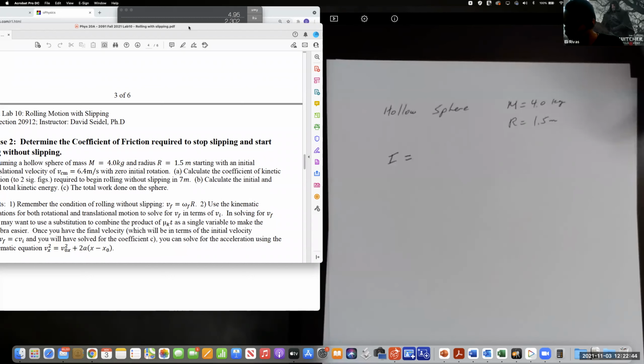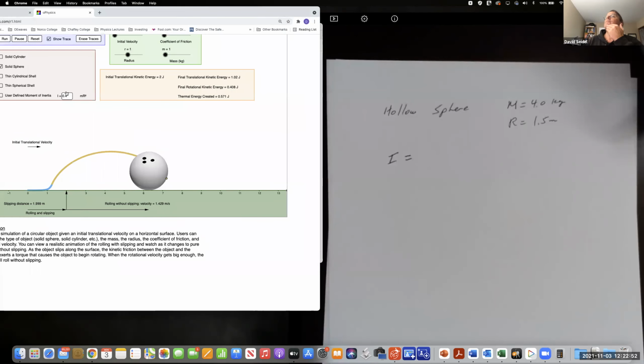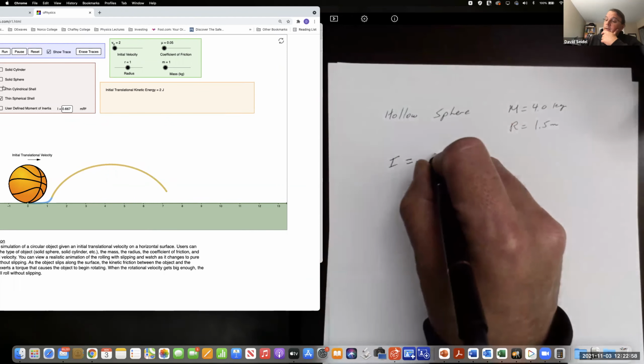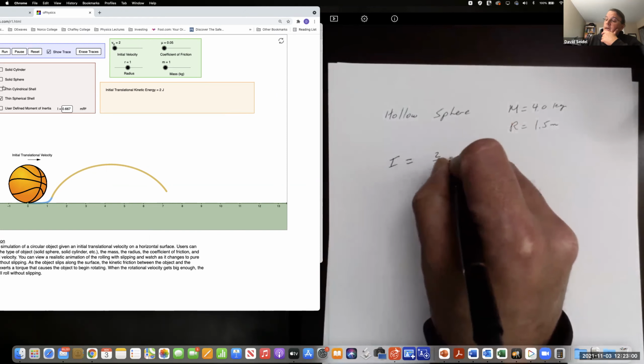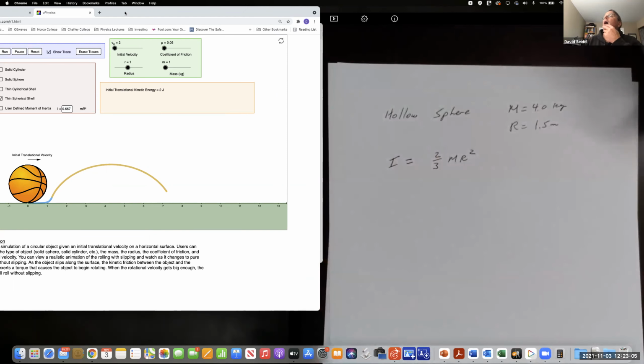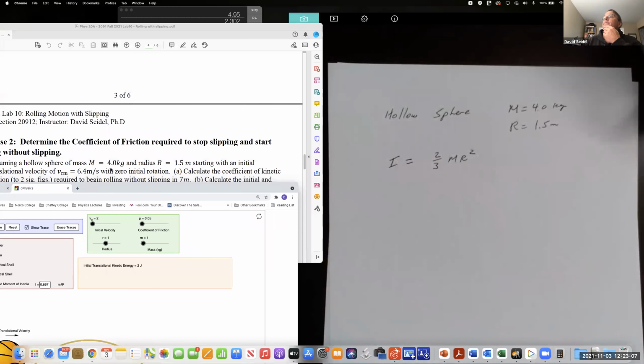This is the same as a spherical shell, your hollow sphere, which is the same as a spherical shell. Remember, it's 2/3 mr squared. So we have what I equals.